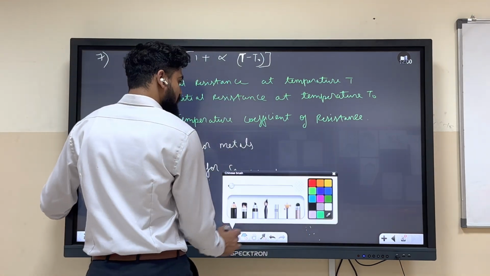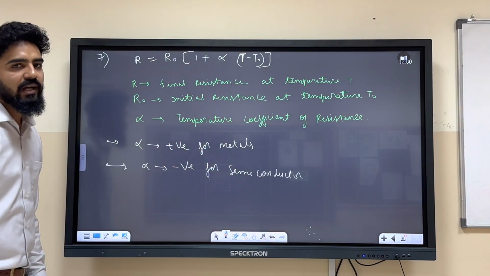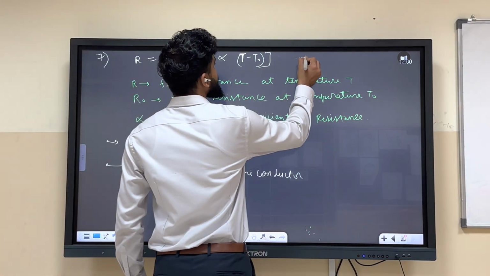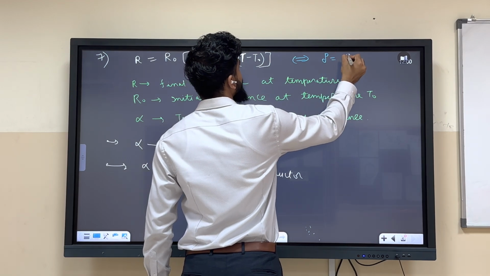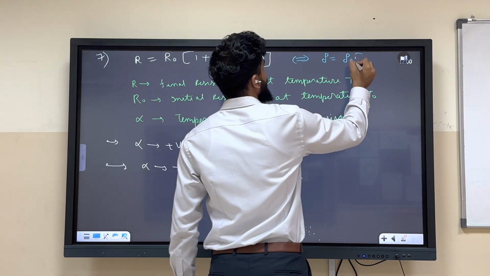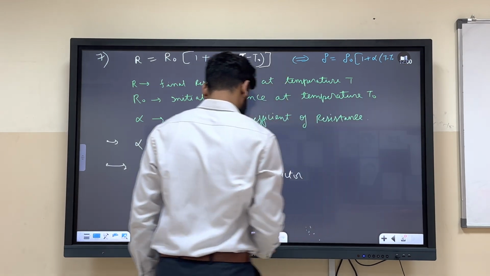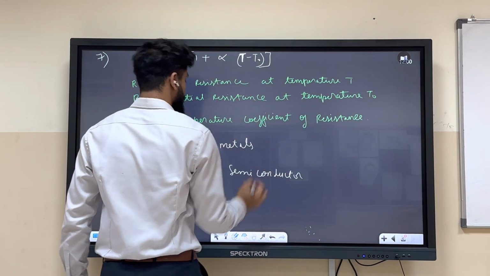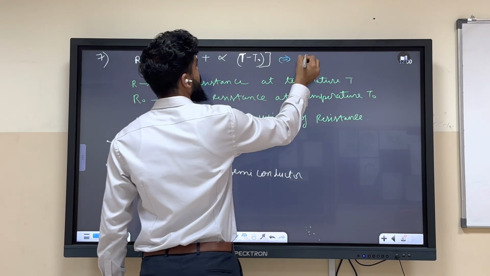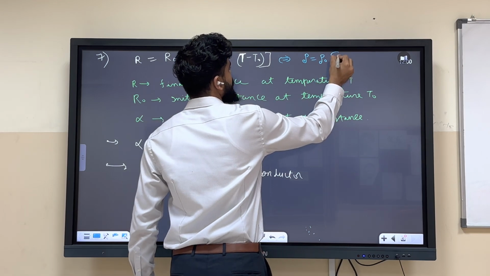You can write one more equation which is almost similar to this, so need not worry if someone is asking you the resistivity. It will be the same thing: rho equals rho naught (1 plus alpha (T minus T naught)). Same thing, okay?